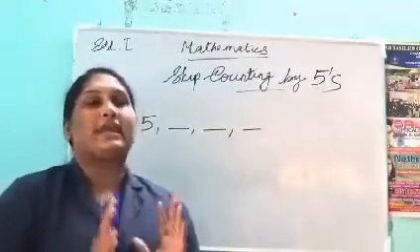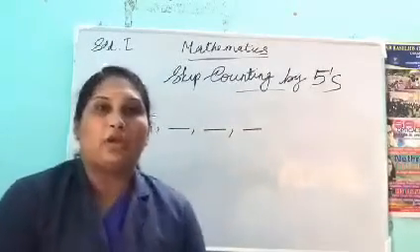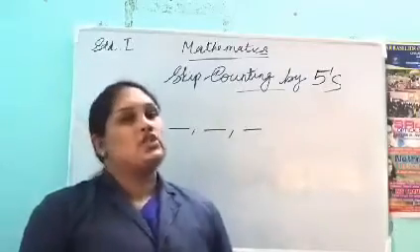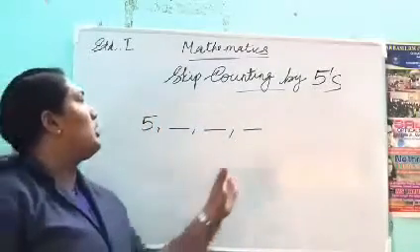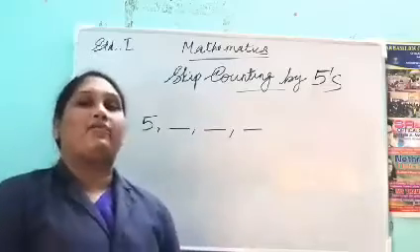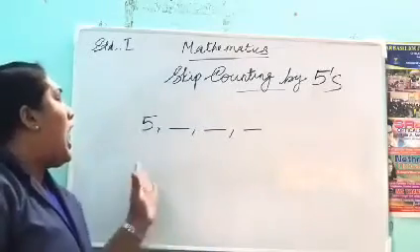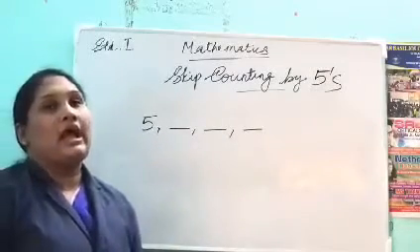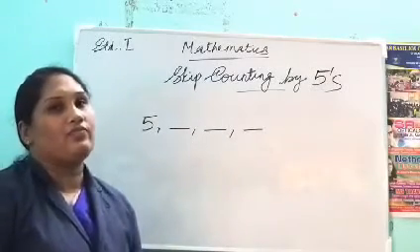We already studied skip counting by twos and threes. So now we are going to study skip counting by fives. How can we find the next numbers after 5?